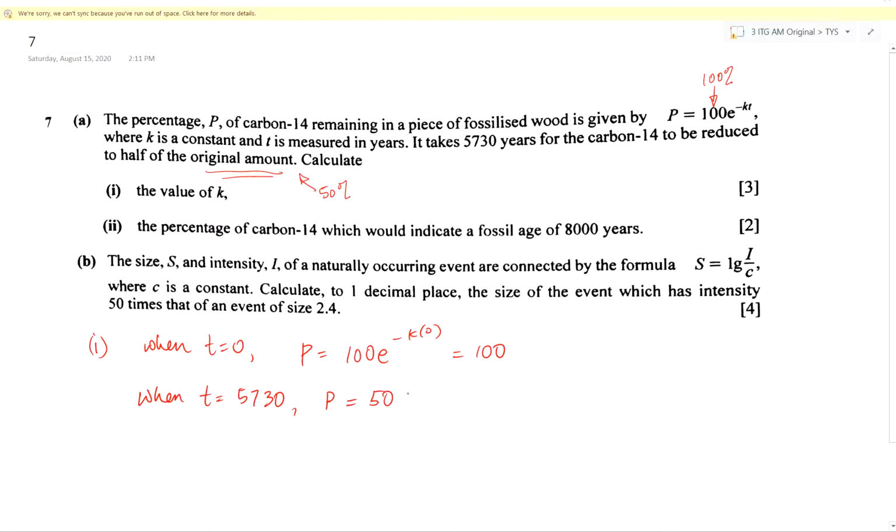And when we substitute t equals 5730, we also get 100 e power negative k times 5730. So from the second equation, we will end up with e to the power of negative 5730 k equals half.